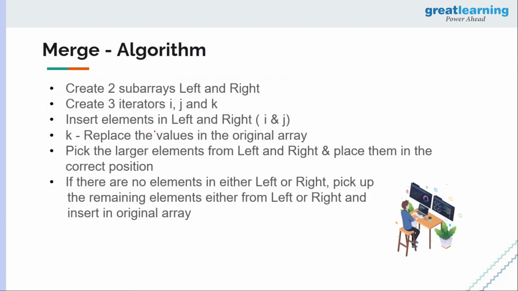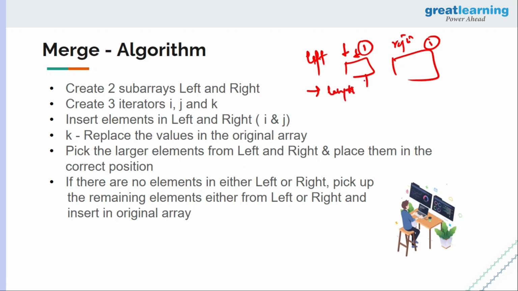So in the merge function, the algorithm for that is simple: you create 2 sub-arrays. That is, one is your left array and another is your right sub-array. Now in this, in the last case, we have a single element here and a single element here. Now once we have deduced the length of these sub-arrays, we have declared these arrays, and then we have initialized these arrays.